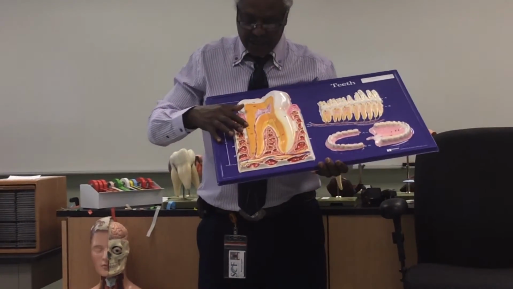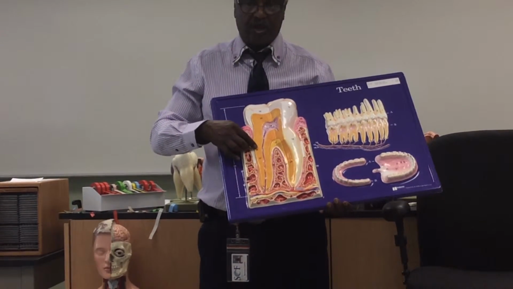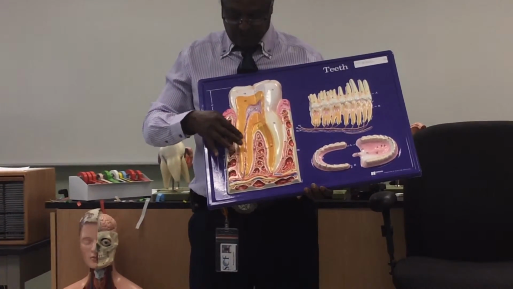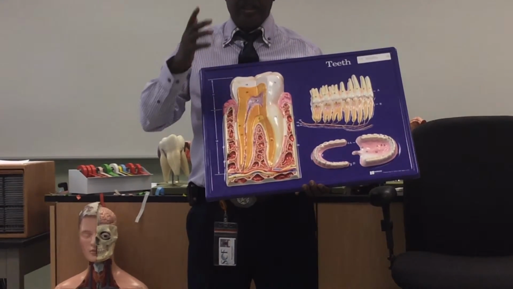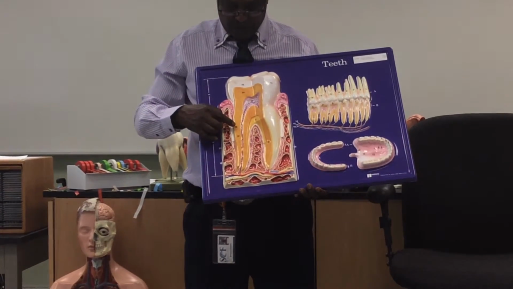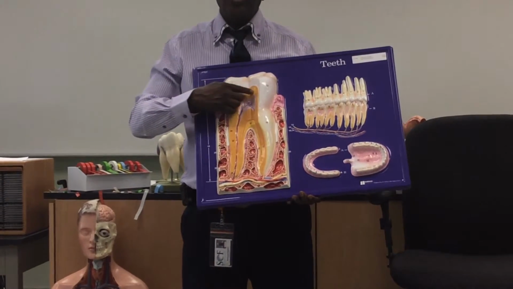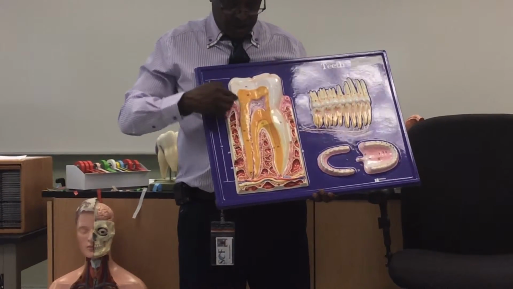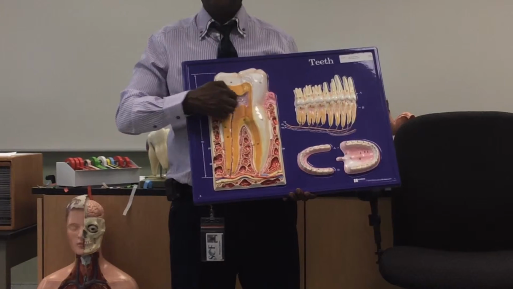The dentin in this model goes all the way to here. But this lower part of it here is the cementum. So any label in this line here is cementum. If the dentin is intended to be labeled, even though 20 is written here, dentin is only going to be labeled here. So you have enamel, dentin, cementum, and this is the pulp right here.